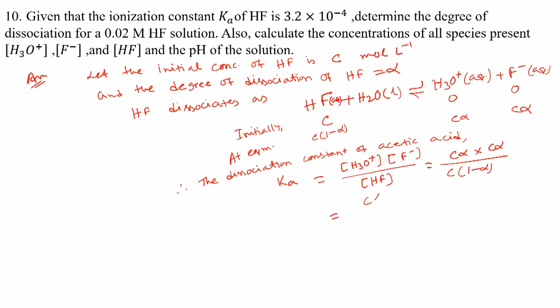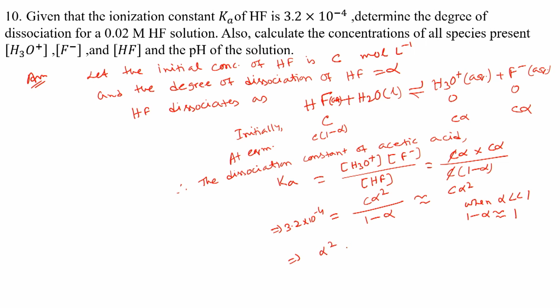So we get C alpha square by 1 minus alpha. We can write C alpha square when alpha is very small, so 1 minus alpha becomes 1. So that is the value of Ka, which is also given here. So Ka is 3.2 times 10 to the minus 4, right.